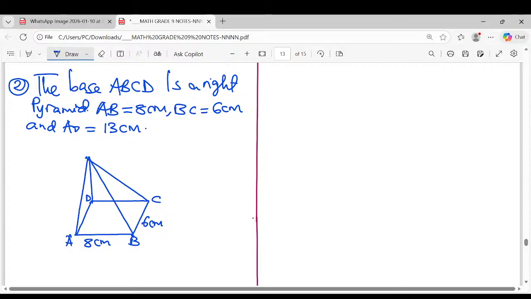Then AO is 13, this one here, 13 centimeters.